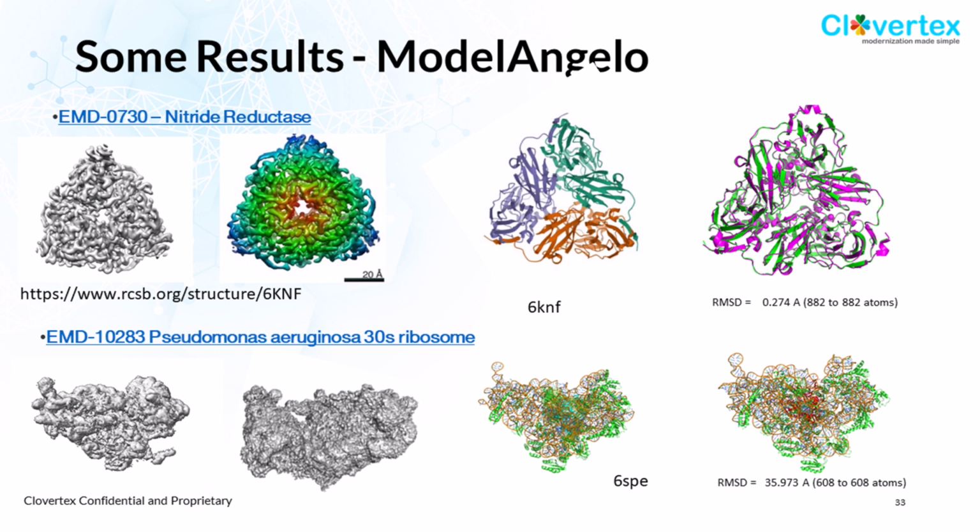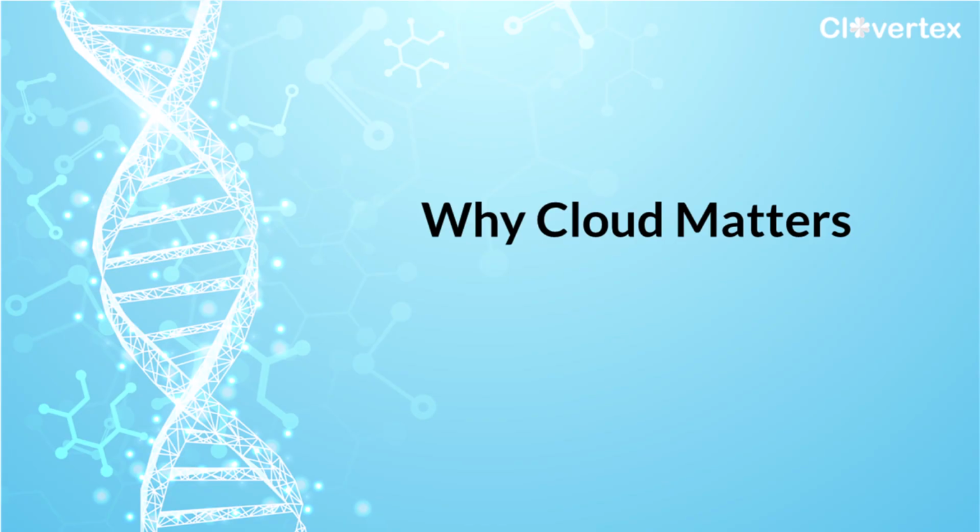ModelAngelo actually predicts, but the prediction is not really all that well fitted. The RMSD for this particular compound was about 35 angstroms. But this is great information for the science in terms of how we can do automation. And Clovertex is working very closely with KEK and Purdue University to bring this in, using cloud as a solution.